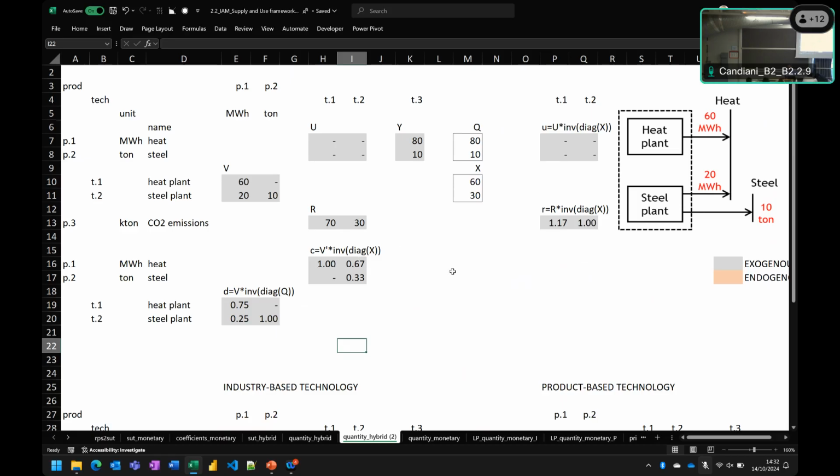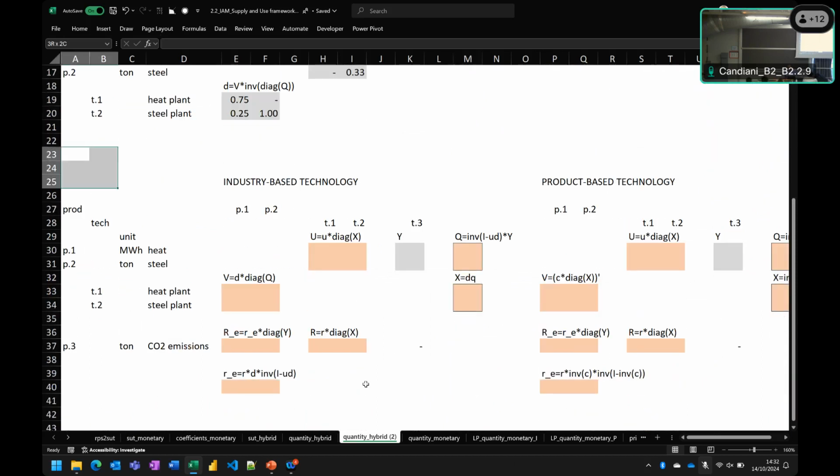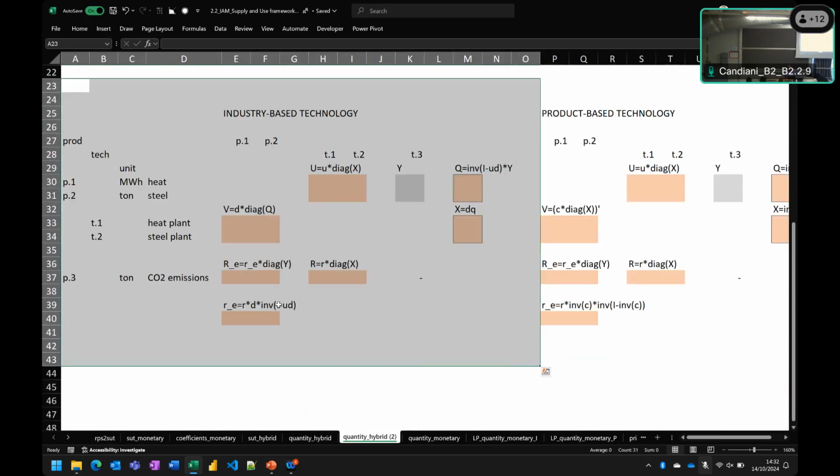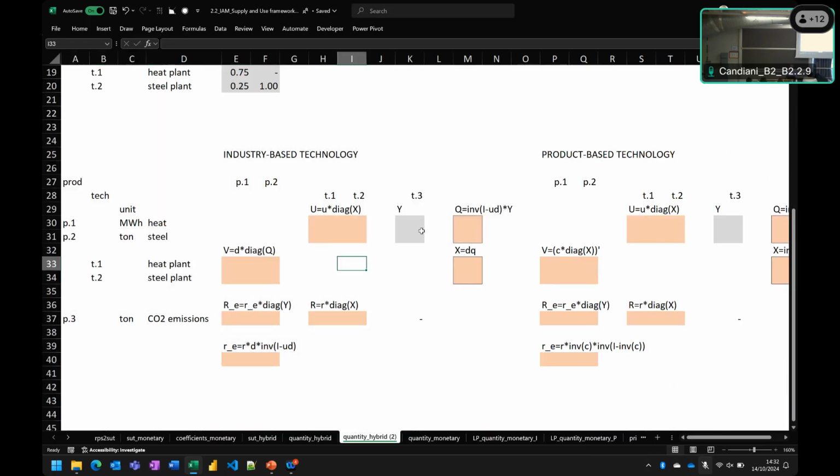Great. Let's now move down and focus on this first block here. Let's apply the industry-based technology assumption. So recalculate the fundamental items here, the total extensive quantities based on the industry technology assumption.